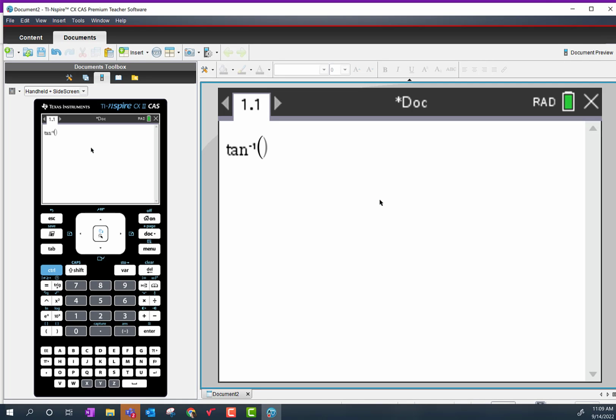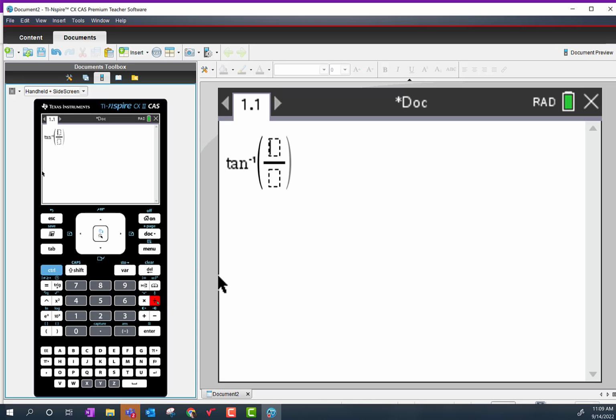Then I want the fraction, so I'm going to do control divide, which gives me a fraction. It was 3 over negative 8. I know I'm in radians. I'm going to hit control enter because I don't trust this calculator, and that's my decimal.